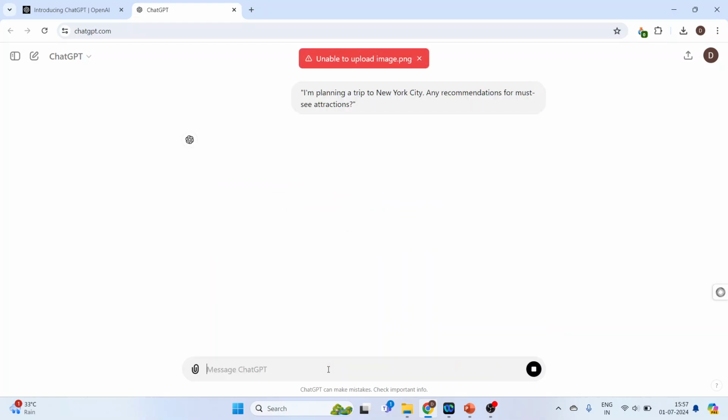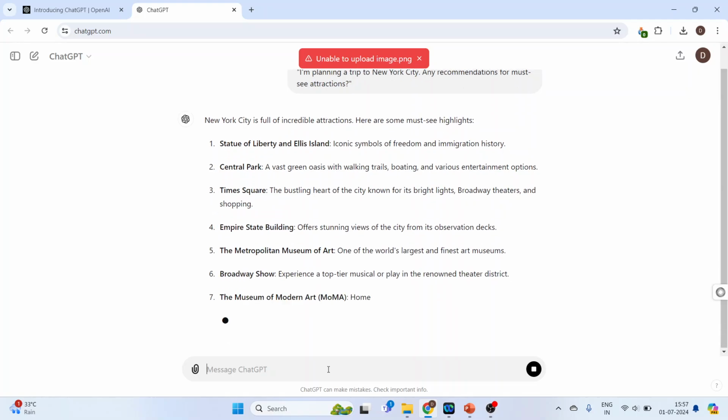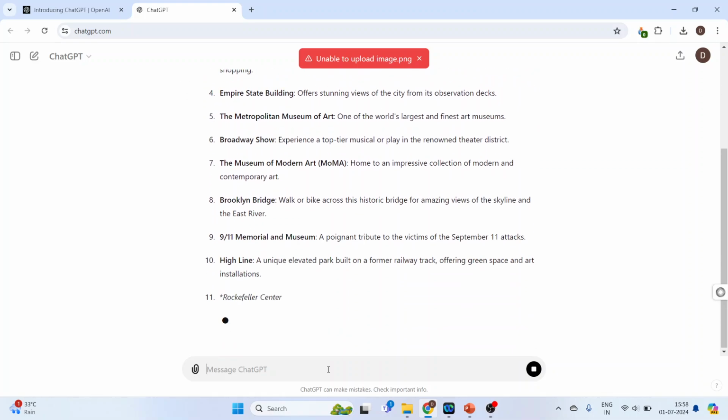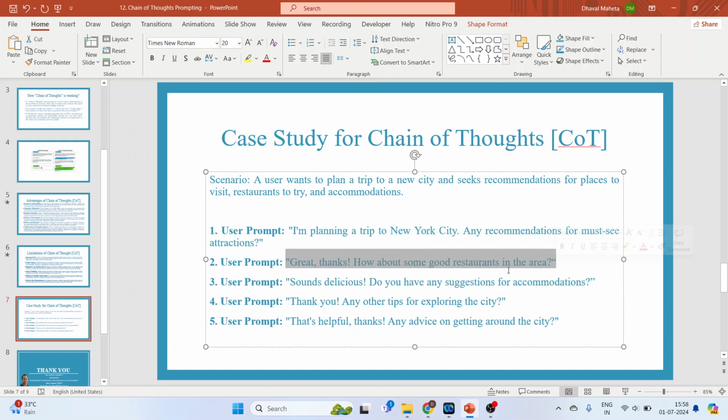Enter. Now we will go for the next prompt. So we'll copy it from here. Great, thanks. How about some good restaurants in the area?